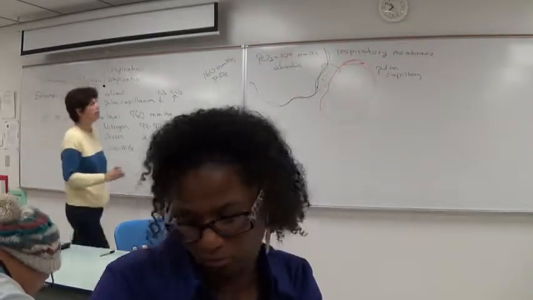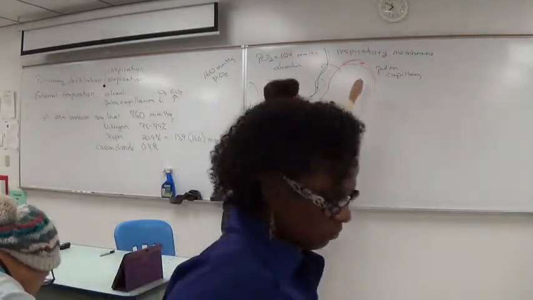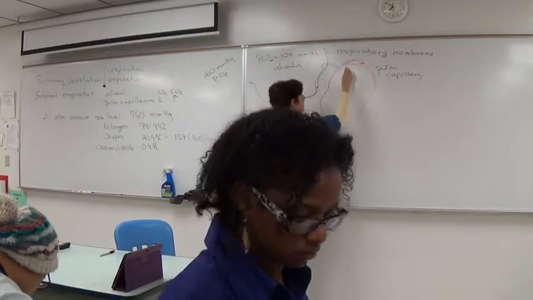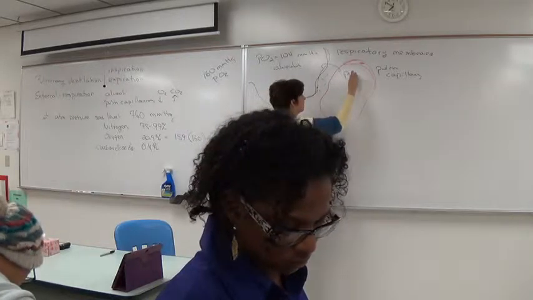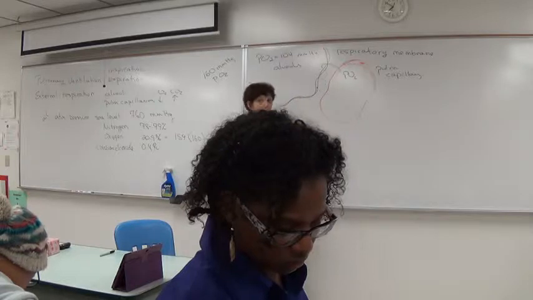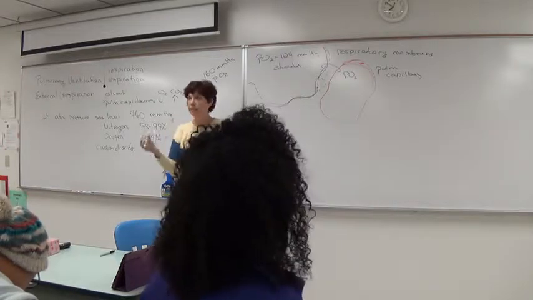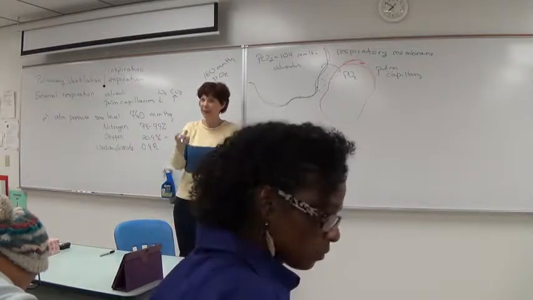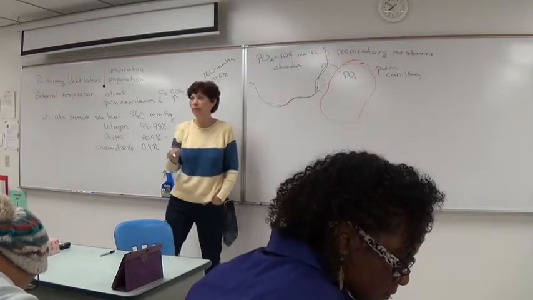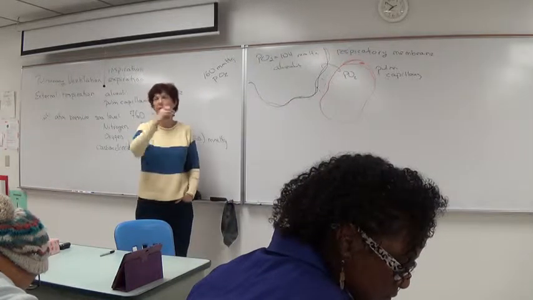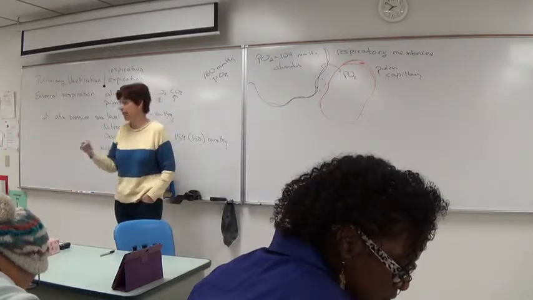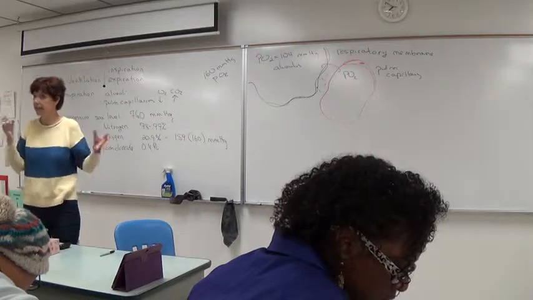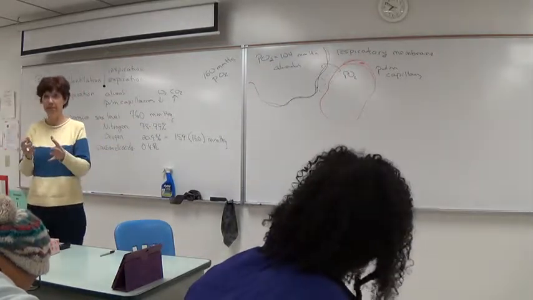Carbon dioxide, well, stick with oxygen here first. Venous PO2, so remember this is pulmonary capillary, it's blood that's come from the right ventricle to the lung. So even though it's coming from the pulmonary arteries into the capillaries, it's actually venous blood that came from the systemic venous system, all right?